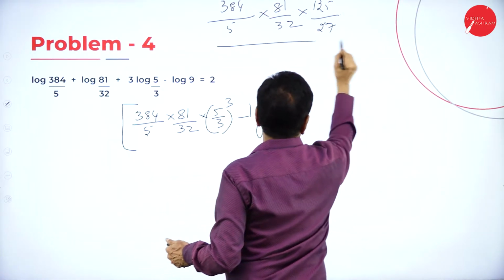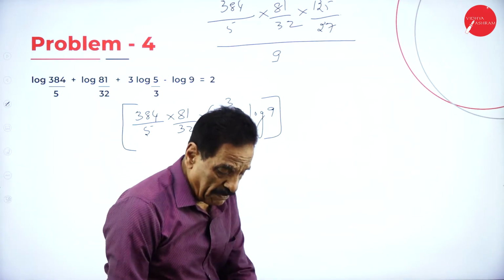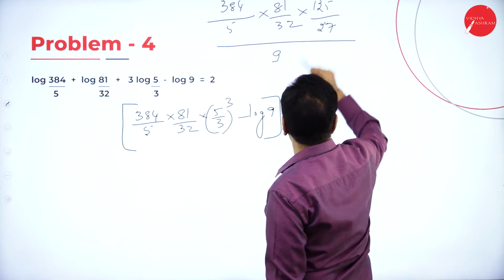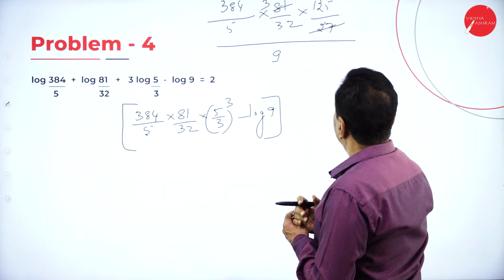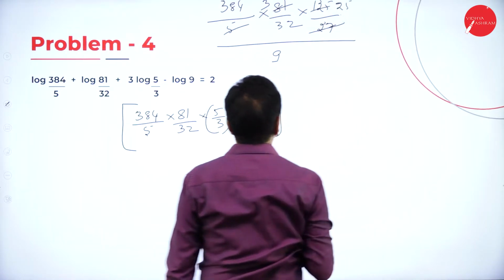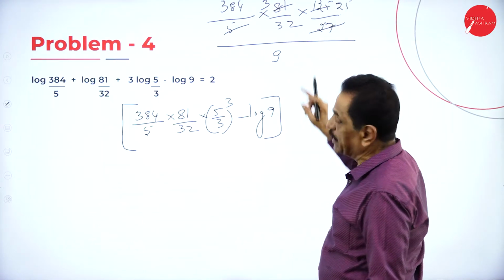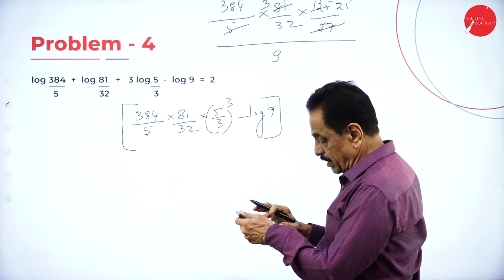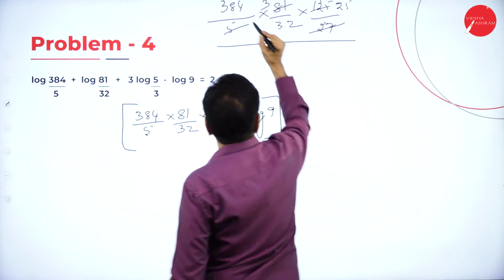Then log 9, minus, no, this will come in the bottom. Simplify this. So 27 threes are 81, 32 is there, 5 twos are, 5 fives are 25. Then 384 divided by 32 is equal to 12.